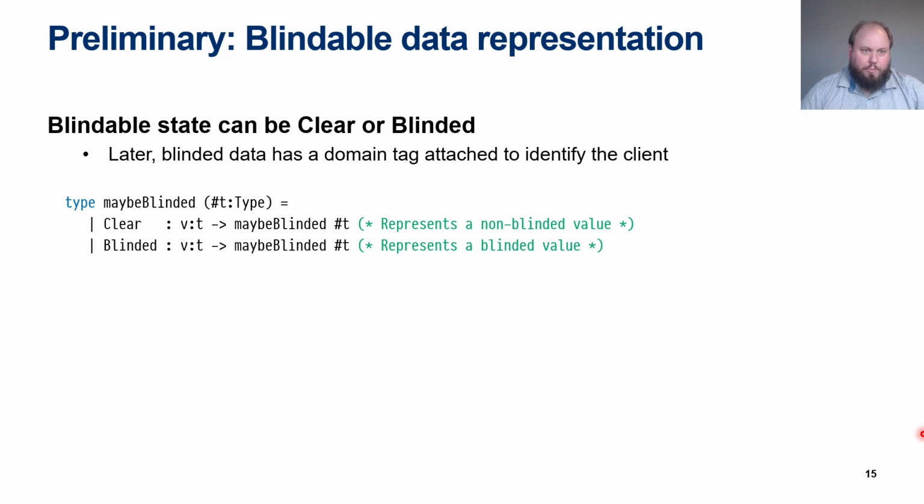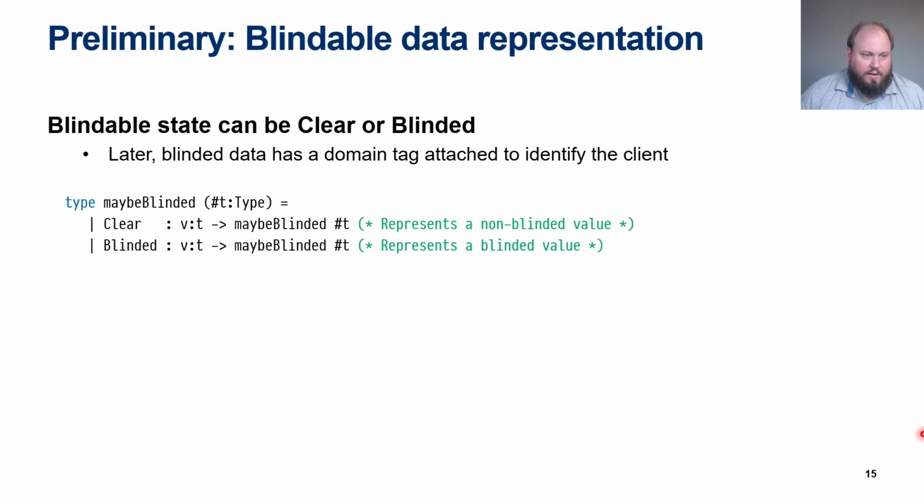So as a quick preliminary, we look at how do we represent data. So this blindable state can be either clear or blinded. Later on, there is data that can have a domain tag attached, so you can have blinded data from multiple clients. But for the purposes of this talk, we're going to talk about data that is blinded or not blinded, so tainted or not tainted. And we represent that with this inductive type here that can be either clear or blinded.